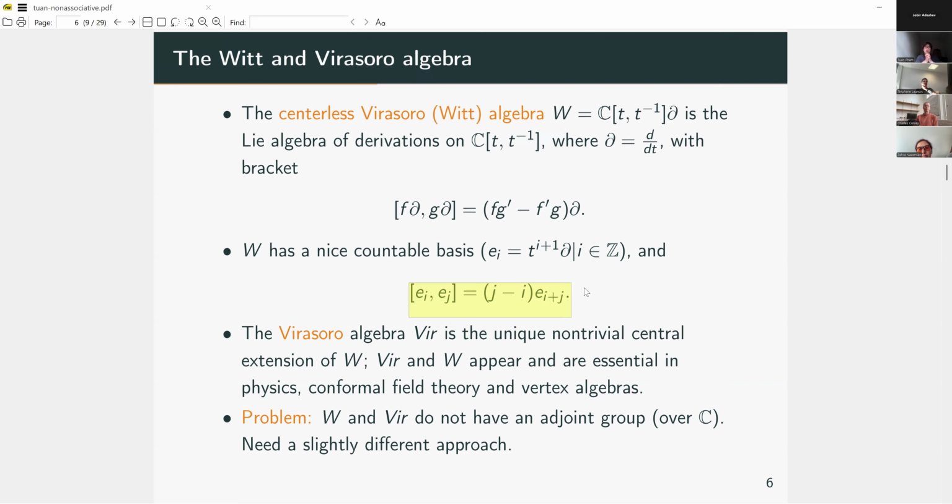The Virasoro algebra Vir is the unique non-trivial central extension of W. Both the Virasoro and the Witt algebras are essential in physics, in conformal field theory and vertex operator algebras. There is a lot of story about quantum field theory and conformal field theory where the Virasoro algebra appears. So that's why we want to study representations of the Virasoro algebra, or representations of the Witt algebra.